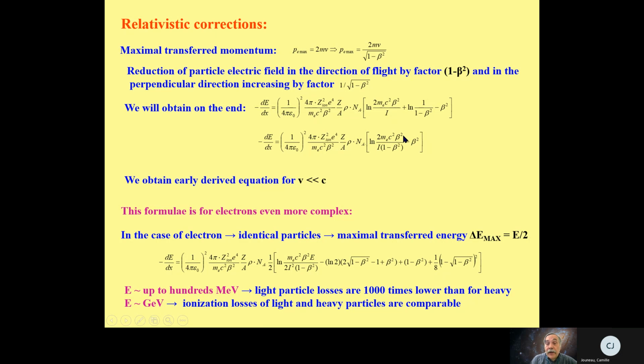Here we have c square times beta square. This will be v square. That's fine, this is the same. You have 2 times rest mass of electron times v square divided by ionization potential.